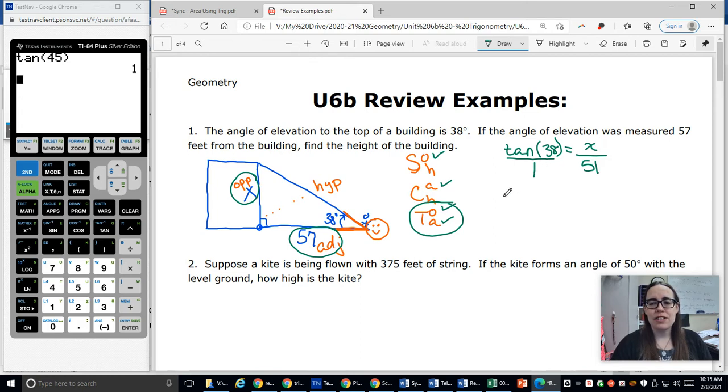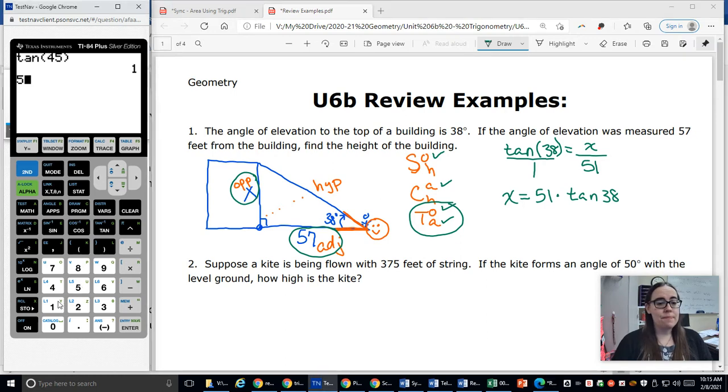X times 1 is just x equals 51 times the tangent of 38. 51 times the tangent of 38. This is ready to go in the calculator because it says x equals.